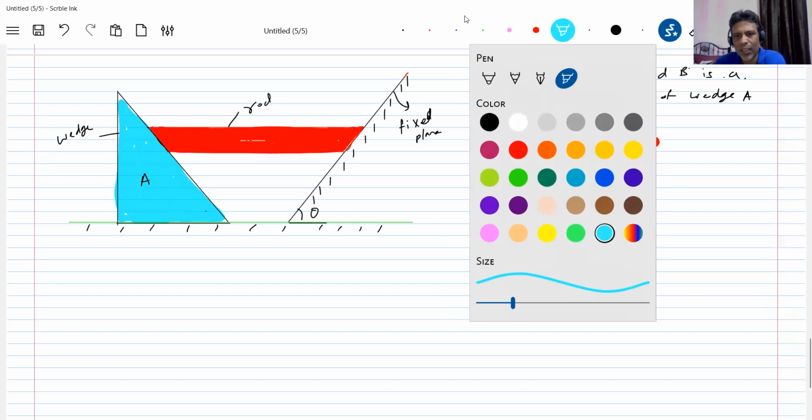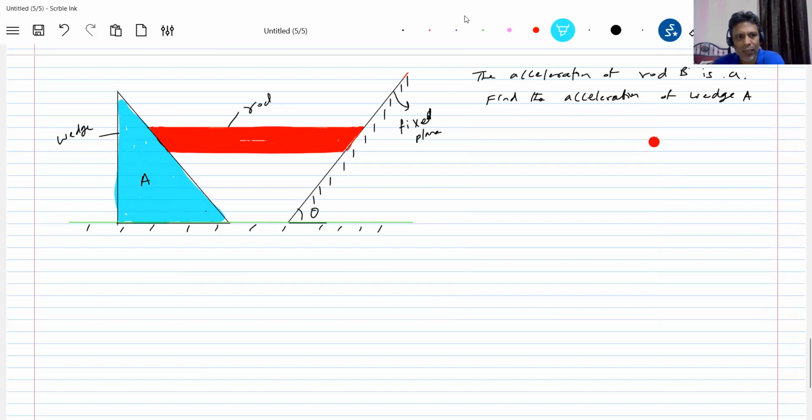Some students just want to follow the routine method. Mass of the wedge, he didn't ask anything about it. He didn't give the mass of the rod or the mass of the wedge. He has only given the acceleration of the rod, and is asking the acceleration of the wedge.